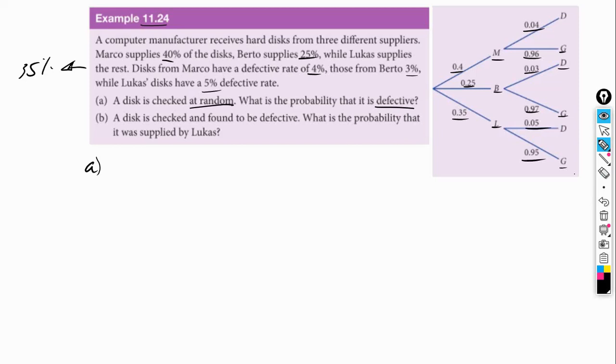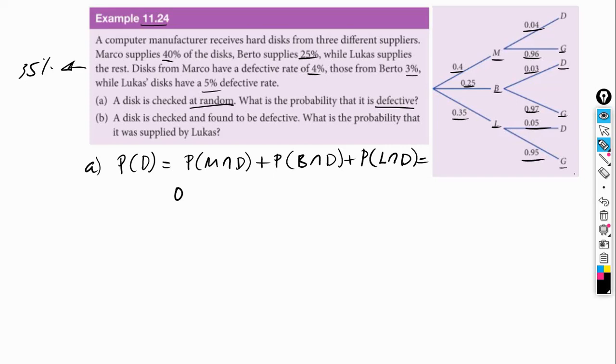So for part A, they want us to find the probability that it is defective. This is going to equal the probability that it is Marco's and defective, plus the probability that it comes from Berto and is defective, plus the probability that it comes from Lucas and is defective.